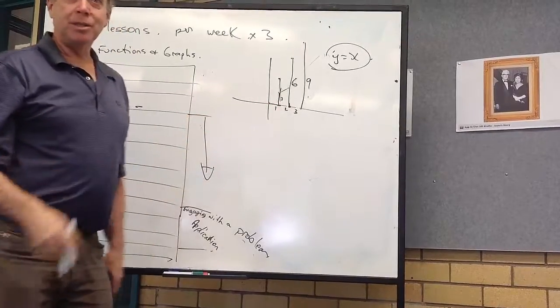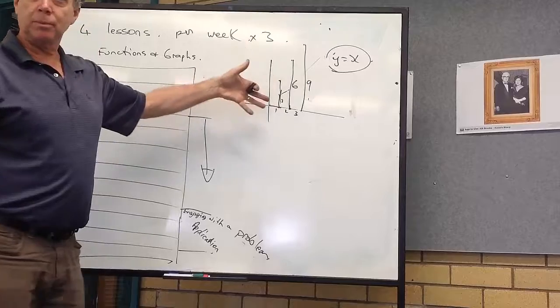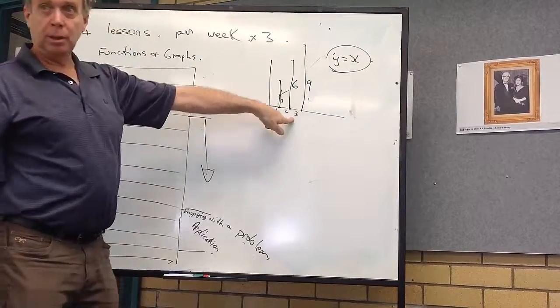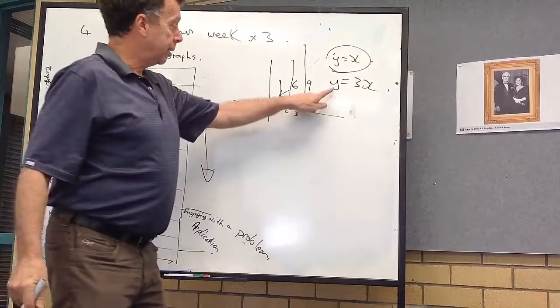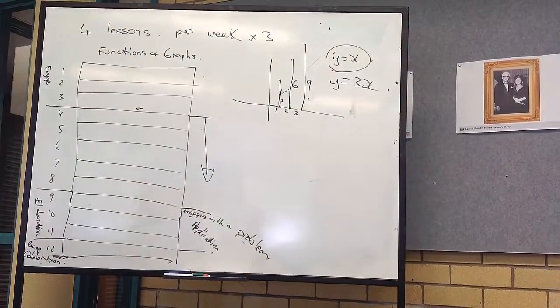And then they would notice, then you go, okay, we've just done this. What's the real connection between our coordinate values this time? And they go, that one is always 3 times that one. We represent that with that. That one, the y one, is always 3 times the other one. And so on.